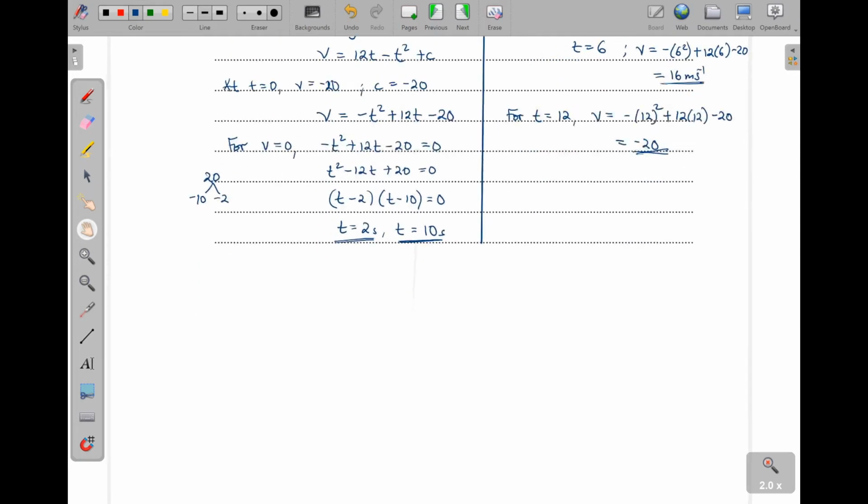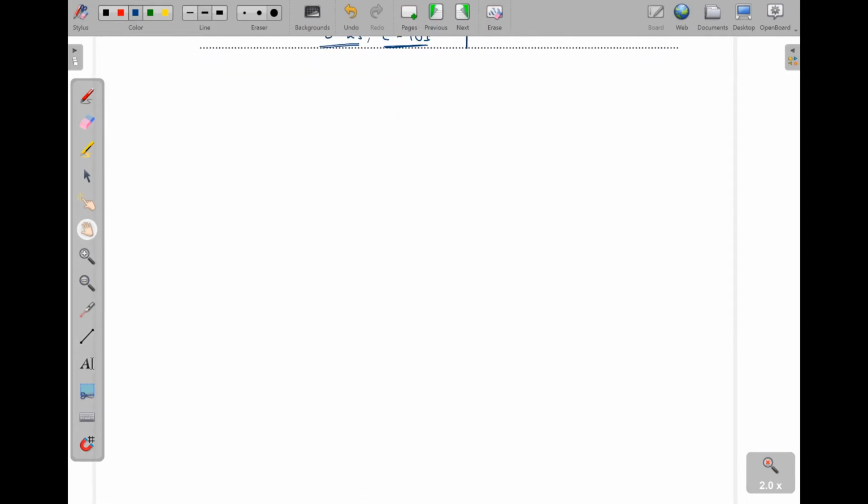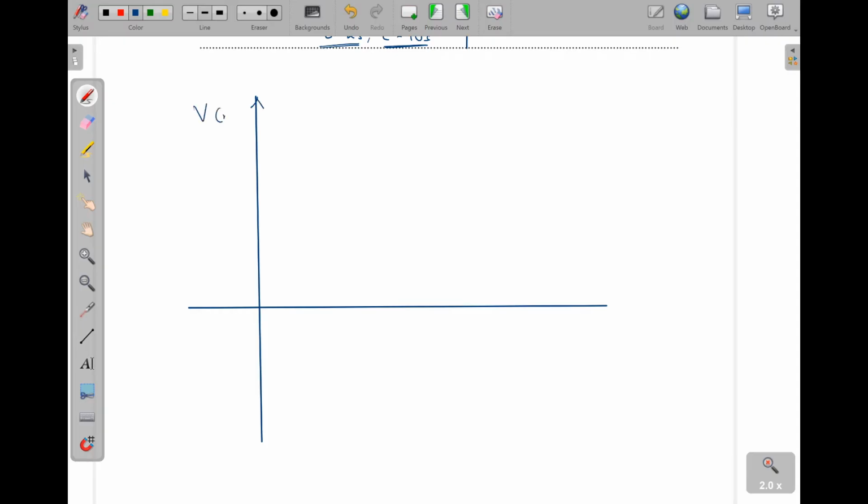So let's go down and we sketch. I'm going to put my axes here. You draw a reasonable graph, and here I'm going to have the velocity, in meters per second. This will be 0. Then here we shall have time in seconds.